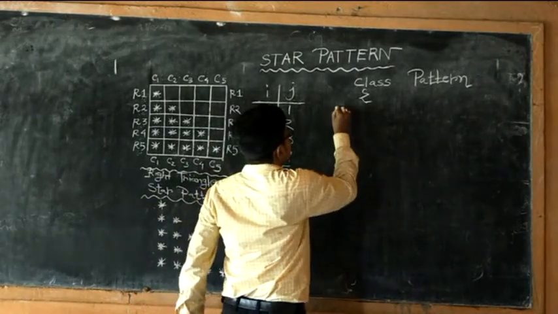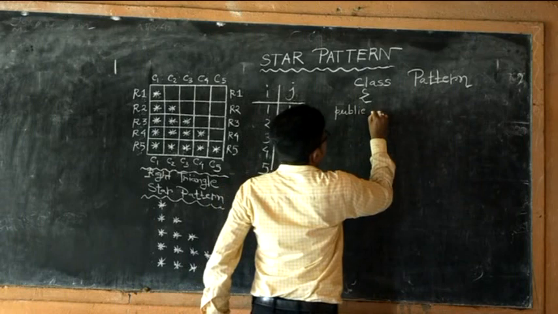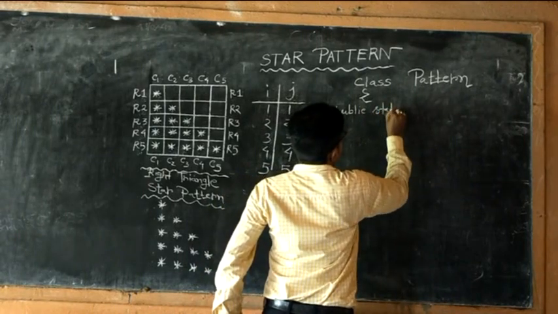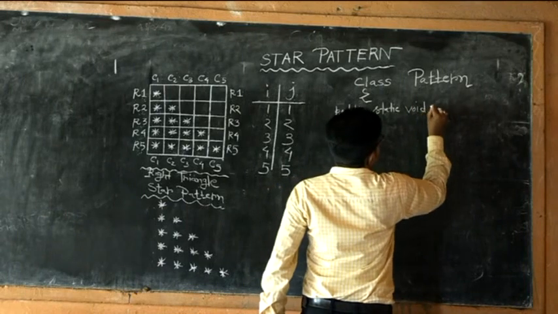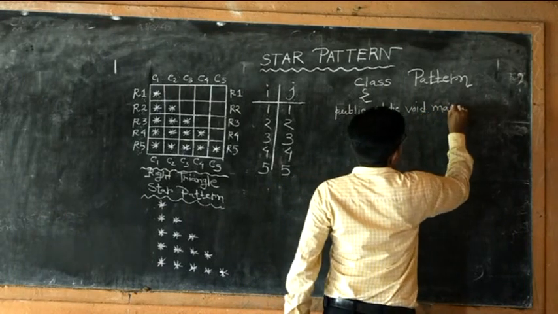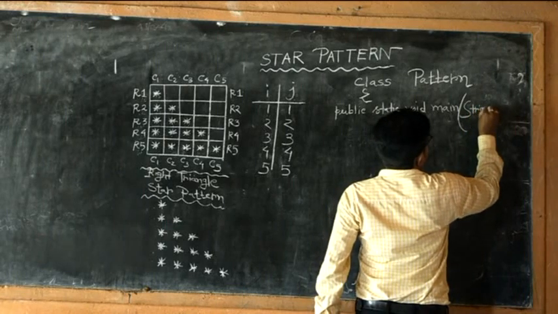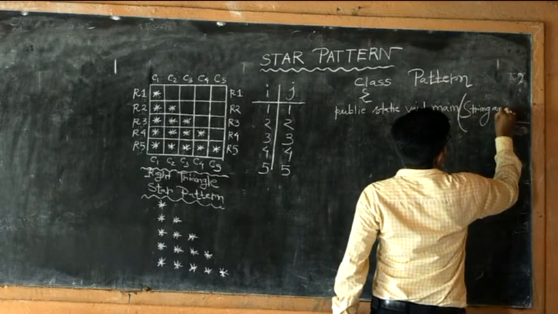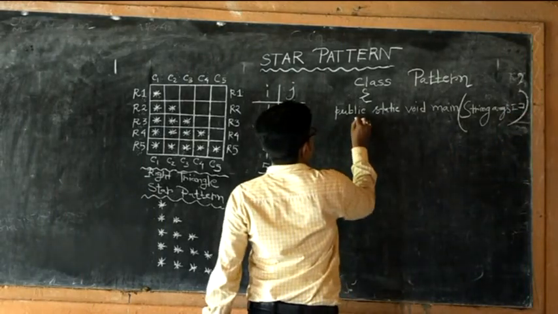Now public static void main, within the first bracket String args, third bracket close, first bracket close, second bracket open.